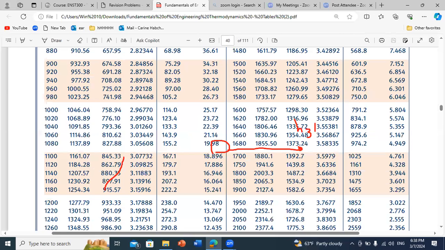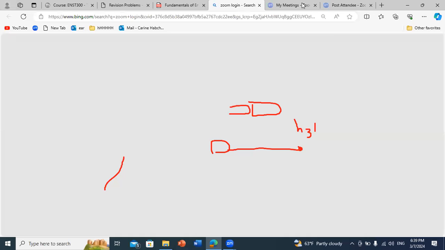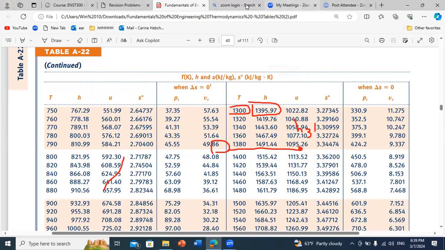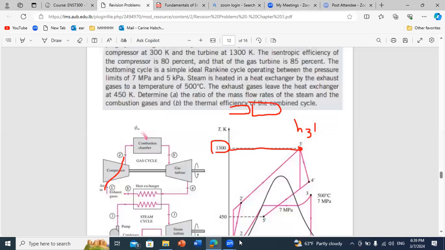Here we have several values of temperature. This is the one that we want, 1300, and this will be the corresponding enthalpy, 1395.97. So now we know the properties at 1 prime, 2 prime, and 3 prime.